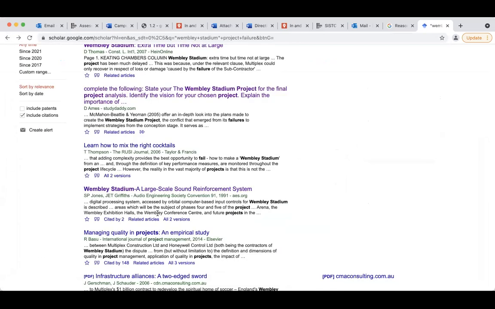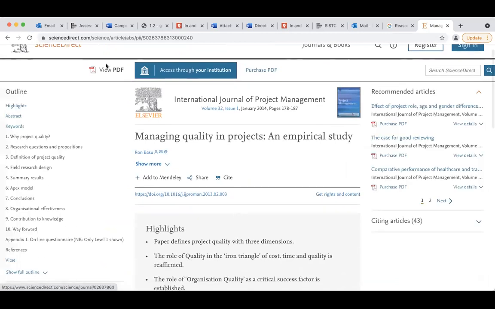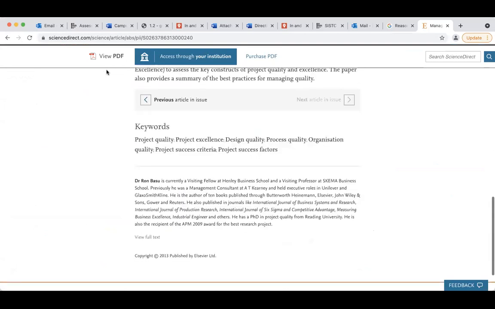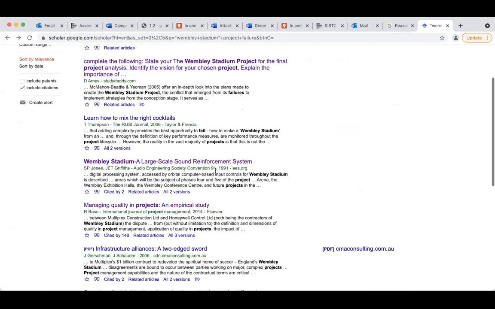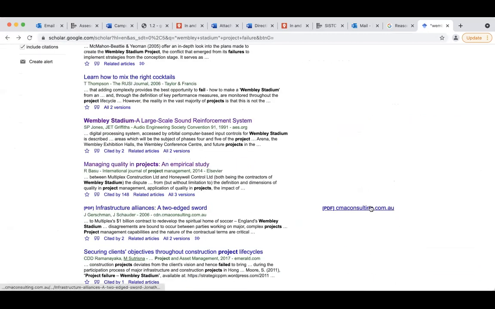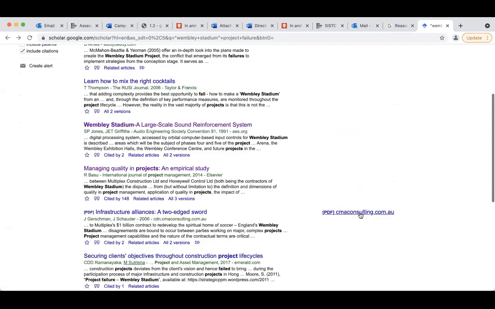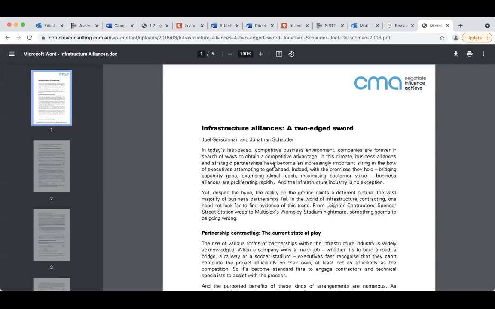But another reason here, you can see the quality wasn't managed correctly. So if I look at this, okay, this requires purchasing. Okay.